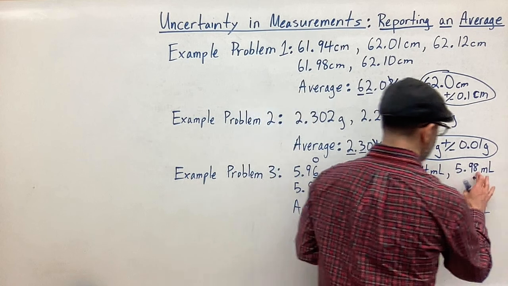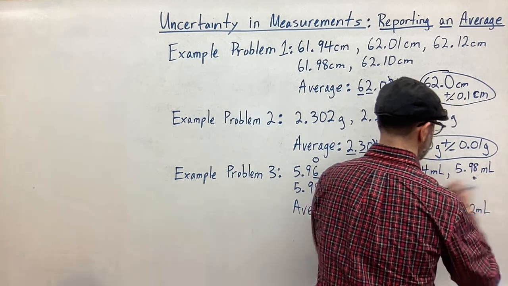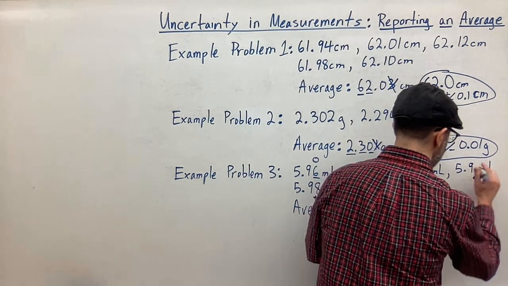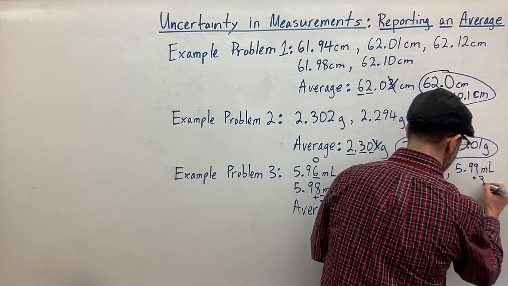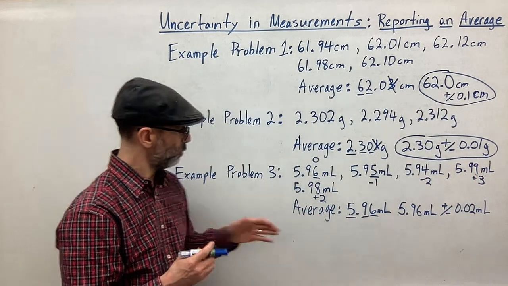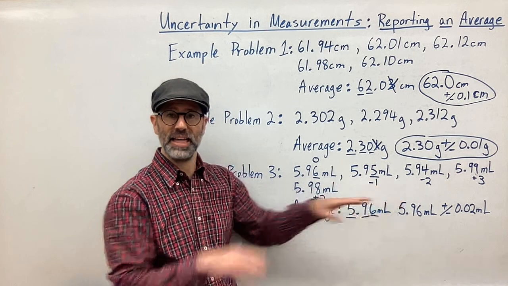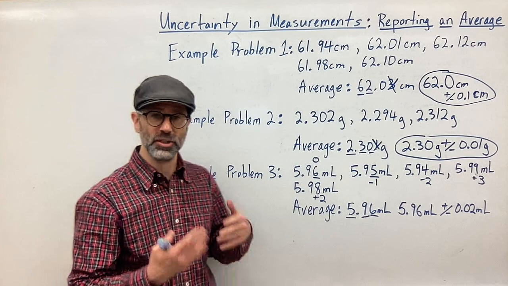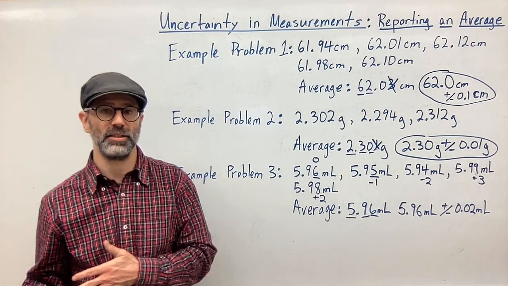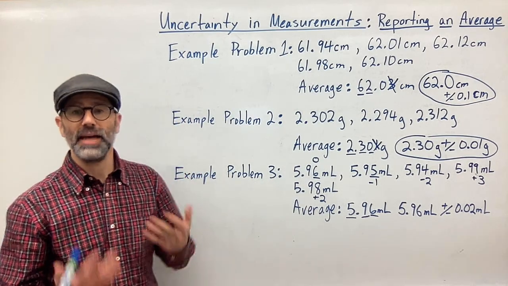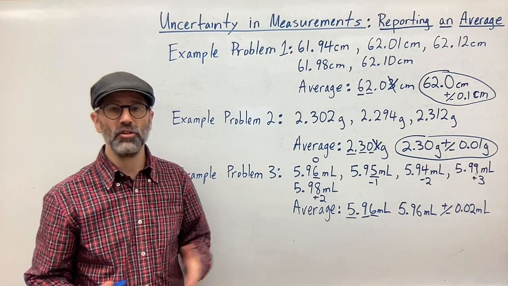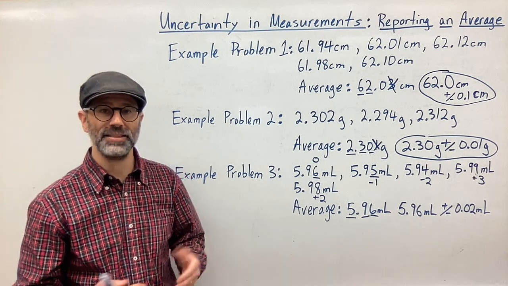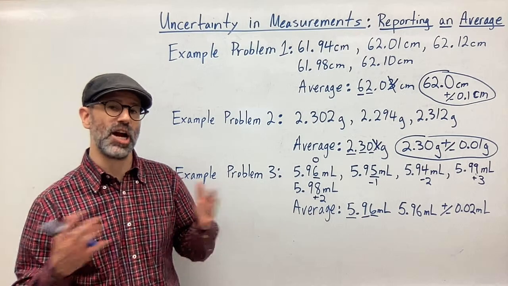But as I showed before in my other example, if this was 5.99 and this is a +3, for example, it's not evenly up and down. So how do I decide whether it's plus or minus 2 or plus or minus 3? Well, the idea is that you always pick the number or the range that gives the largest error, right?